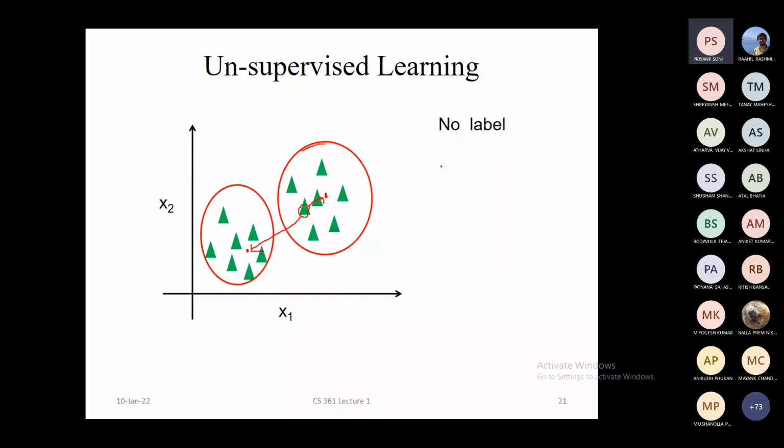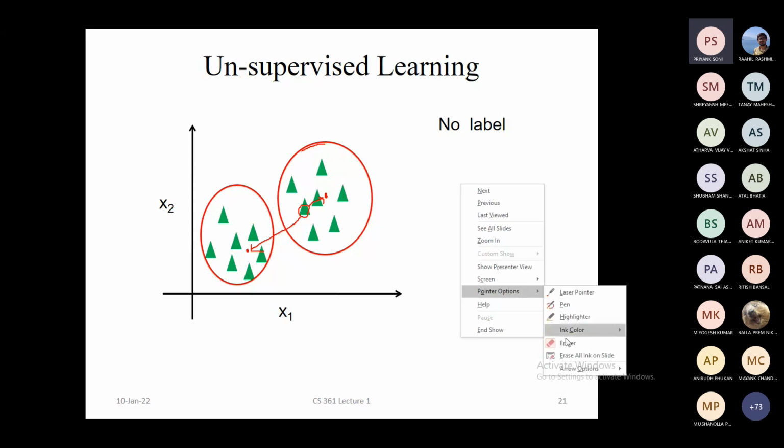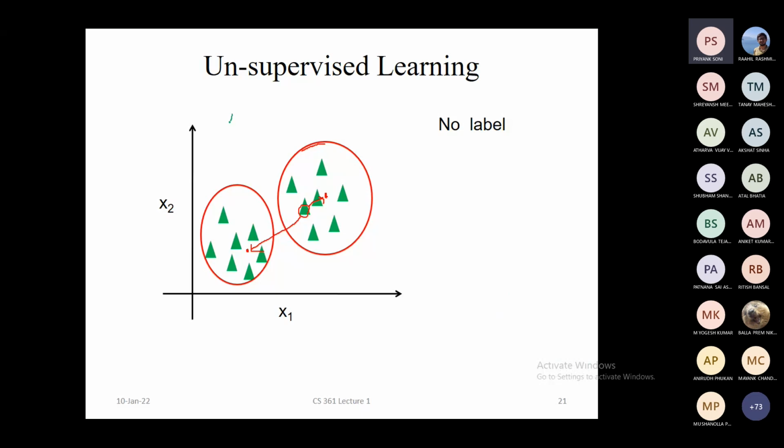Getting the point? Now one thing is understood: based on this data distribution, or grouping of the data, it may be possible that there is another cluster here. Assume these are similar data, and then you can get another cluster here.